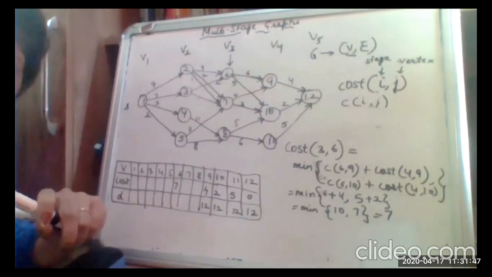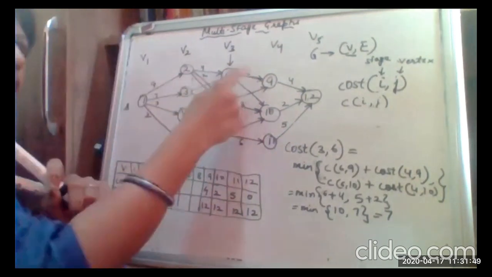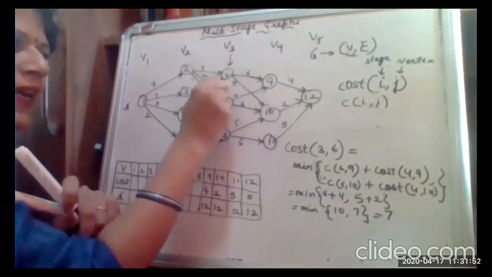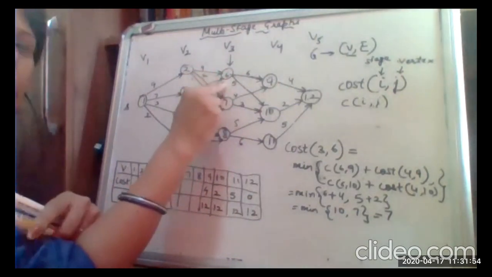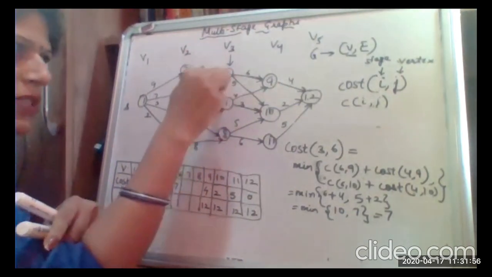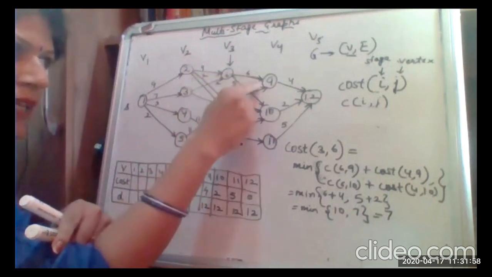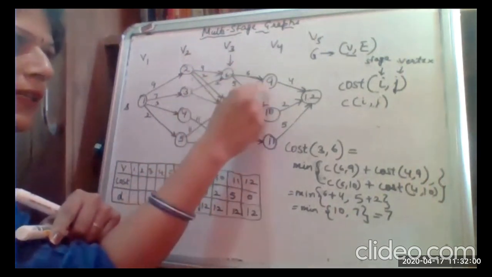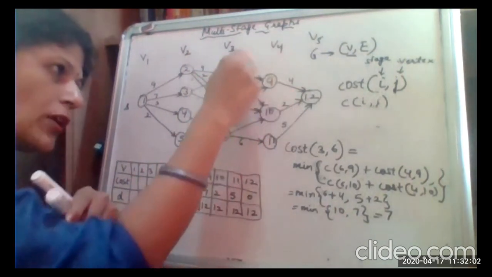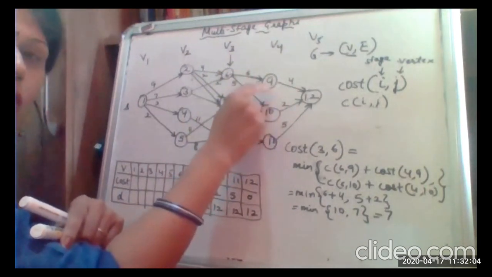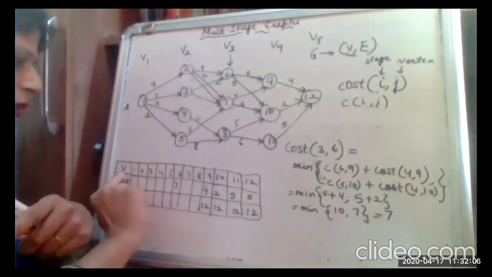Fine. So at every stage, to find the cost for a particular vertex at a stage, we'll take the edge to the connecting vertex and the cost of that. So that's why it is cost of 4, 9.